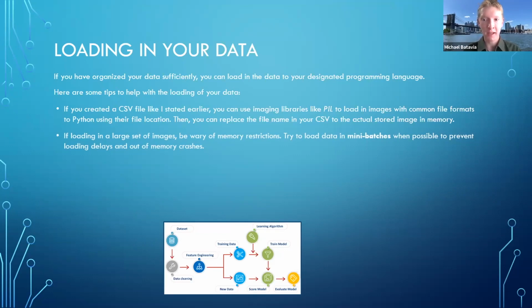In programming lingo, that's called loading all of the images in one batch. And also, you might not be able to hold all of those images at once in memory. If you're working with a very small system like a Raspberry Pi, your Raspberry Pi might crash because loading in all of those images caused the Pi to run out of memory.